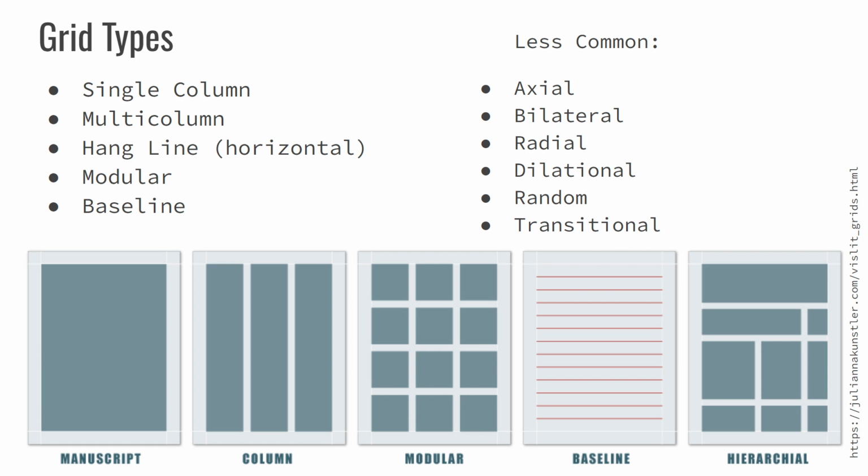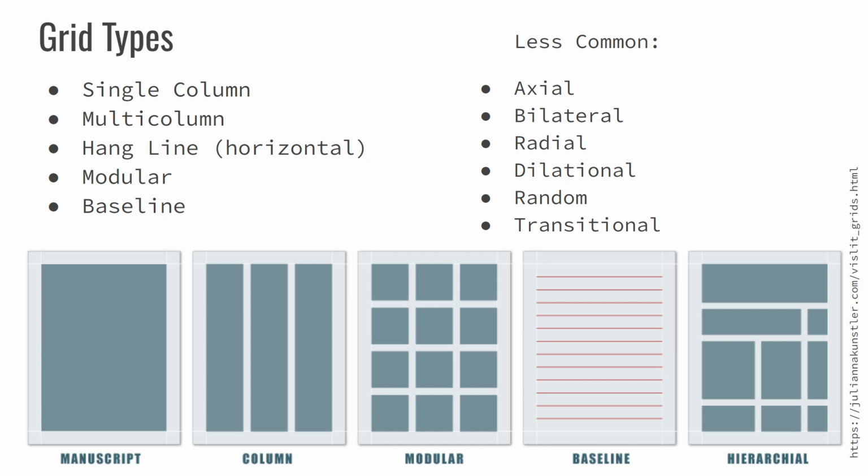So we have a single column, which is just one. Multi-column. In that one, it's a 3-column layout. In web design, most of your stuff is going to be a 2-column, a 3-column, or a single column. We have a hang line or horizontal line grid, where you're doing it across the horizontals.